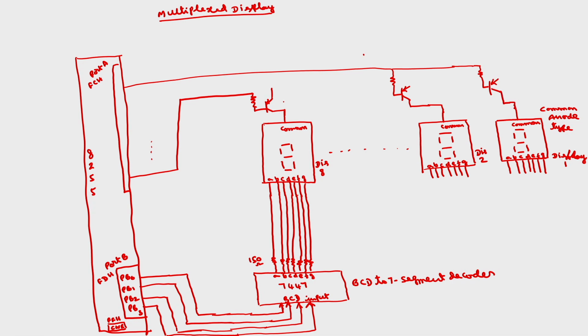We are taking PNP transistors. All the emitters we are going to connect to the plus 5 volt supply, and the bases are connected through 1 kilo ohm resistors to the ports.